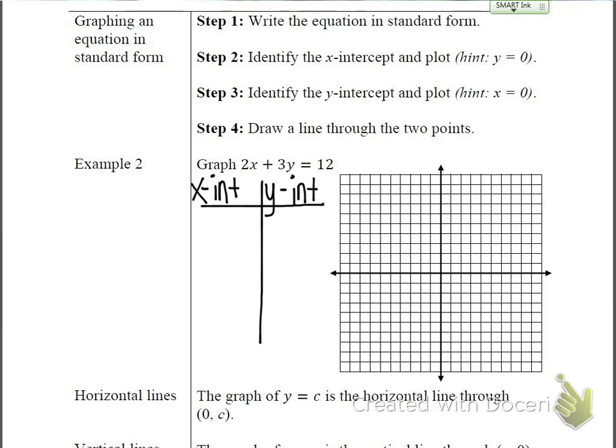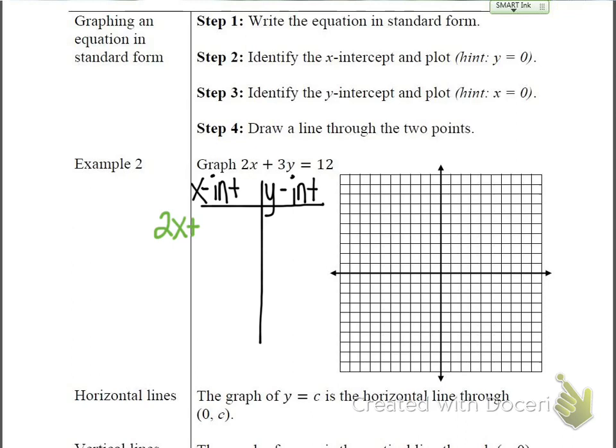So when we want to find the x-intercept, that's where the graph is crossing the x-axis, which means y is equal to 0. So looking for the x-intercept, we plug in 0 for y. So what I'm going to do is I have 2x plus 3 times 0 gives me what? 0.